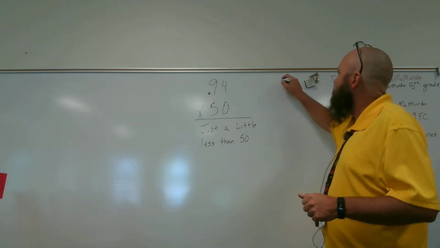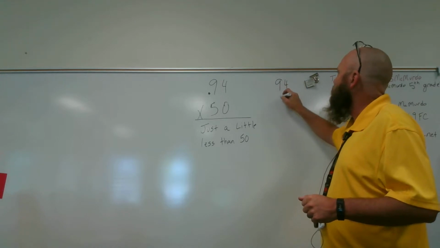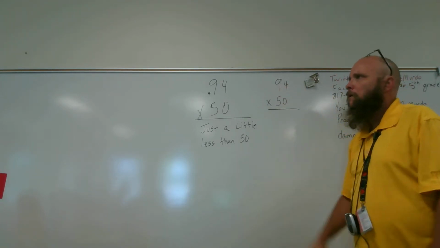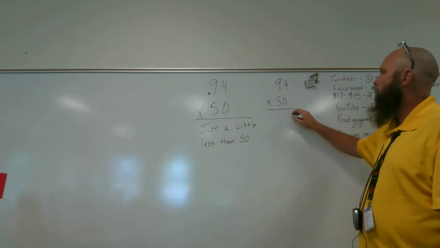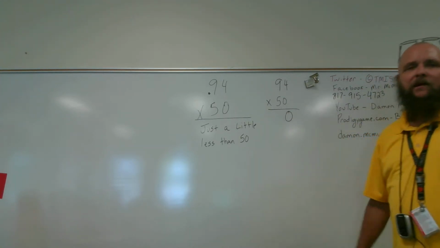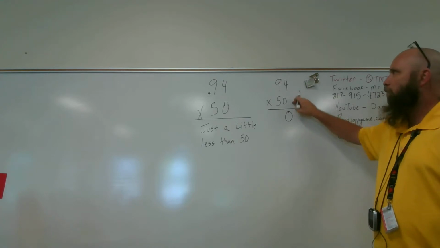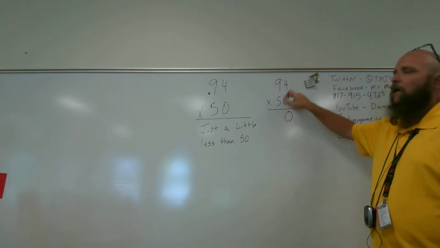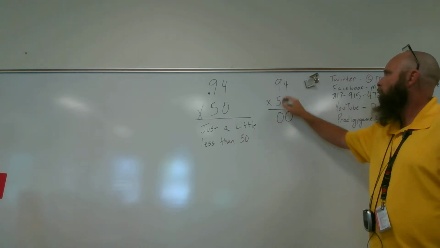All right, so 94, I'm rewriting it, ignoring my decimal points right now. I'm just going to bring that 0 down because if I multiply my zeros, it's just going to be zeros all the way through. So I don't really have to do that. I do 5 times 4, which is 20.